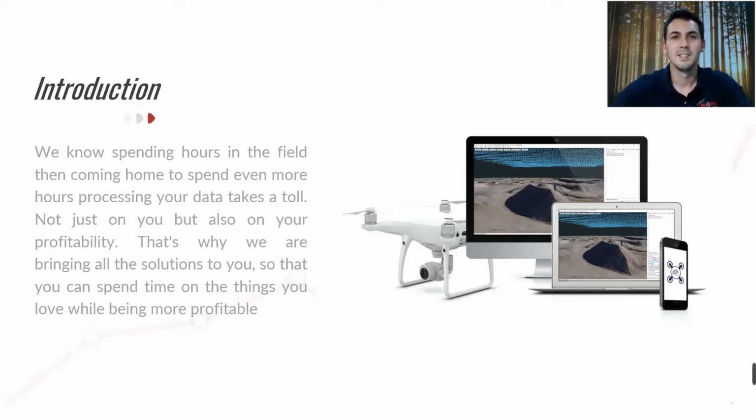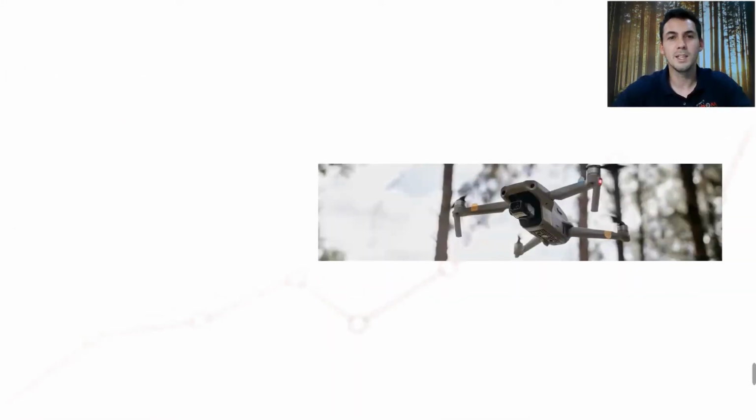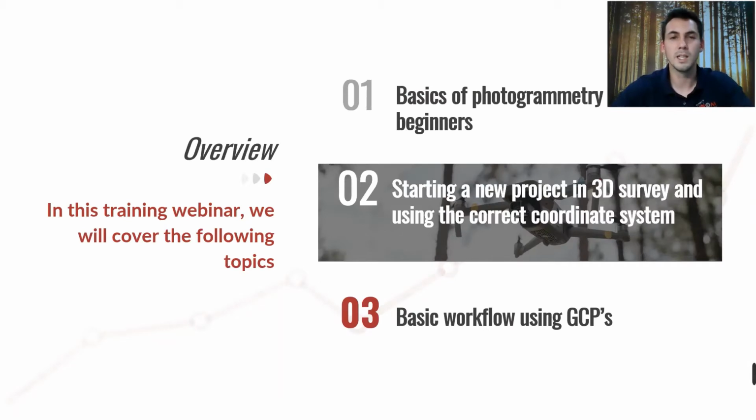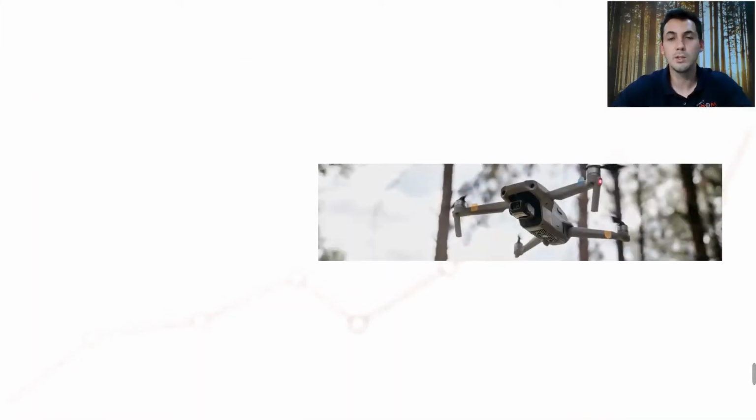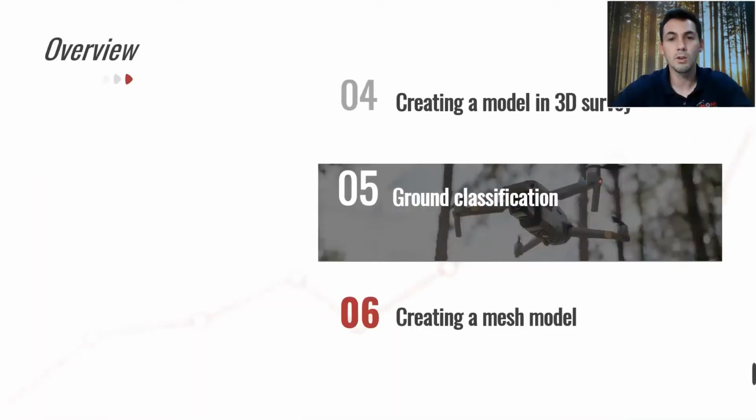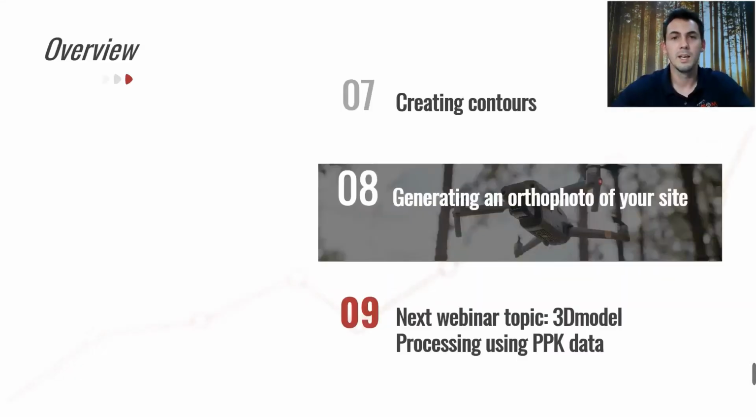So what you can expect in this webinar is a short basic overview of photogrammetry, and then from starting a project, the basic workflow using GCPs, creating a model in 3Dsurvey, doing basic ground classification, creating a mesh model obviously, and then creating contours and generating an orthophoto of your site.